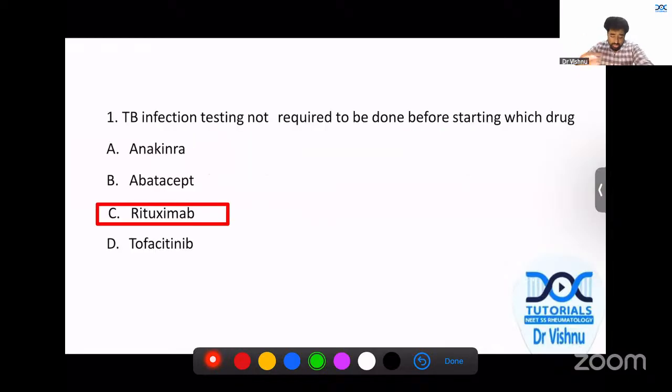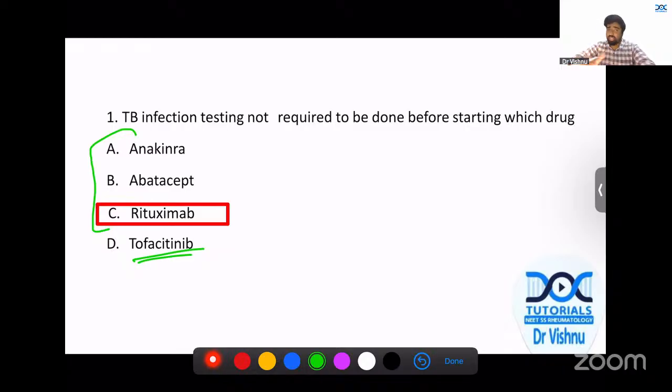Then coming to even more recent ones, this was a little bit controversial because they have not given the more popular ones. They've given tofacitinib, very popularly notorious for causing reactivation of latent TB, but these are a little less known. It's not very clearly given in your Harrison, but if you go through literature, there are strong papers that show that rituximab doesn't cause latent TB reactivation.